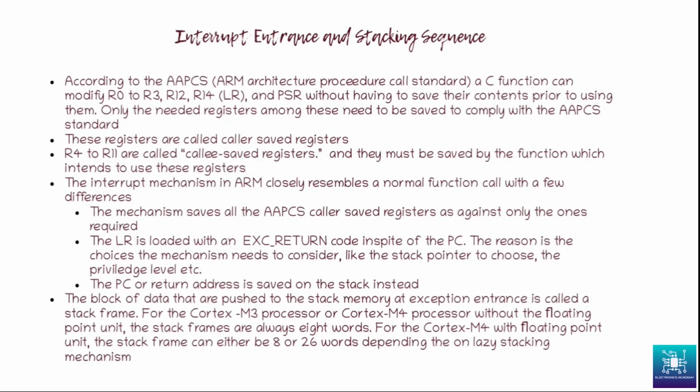Also which stack pointer to choose, the process stack pointer or the main stack pointer, and the privilege level, whether it's privileged or unprivileged execution. So the link register is different. The PC, the program counter or the return address, is saved on the stack instead, because the link register has a different set of values.